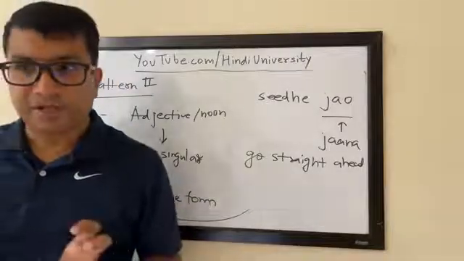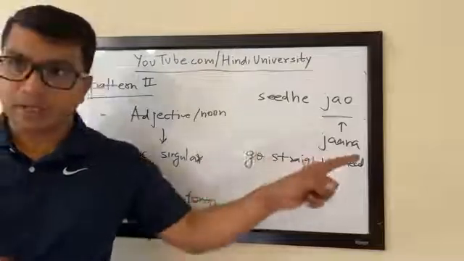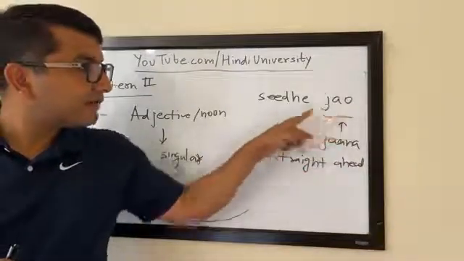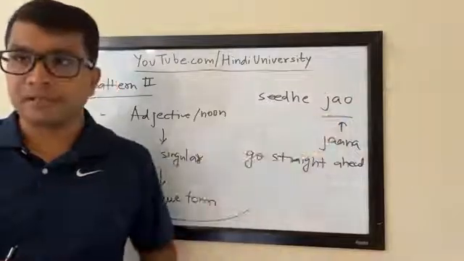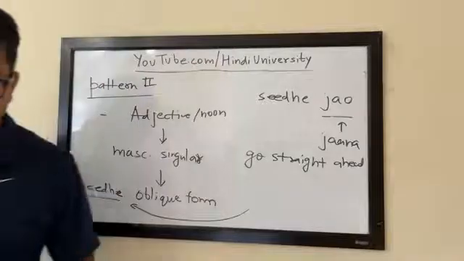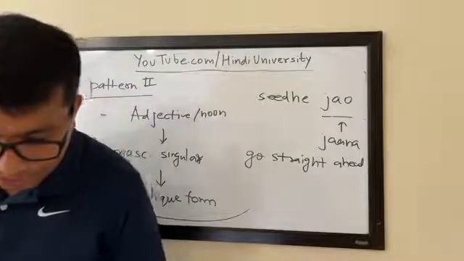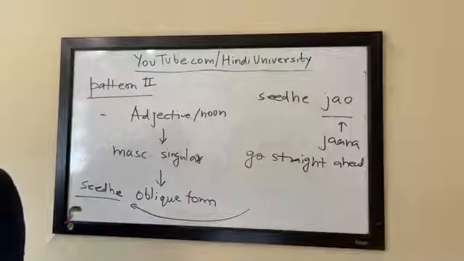Okay, you see the difference? The first सीधा is basically an adjective. When you say सीधे जाओ, it's modifying the verb, so it is used as an adverb. I hope it is clear.